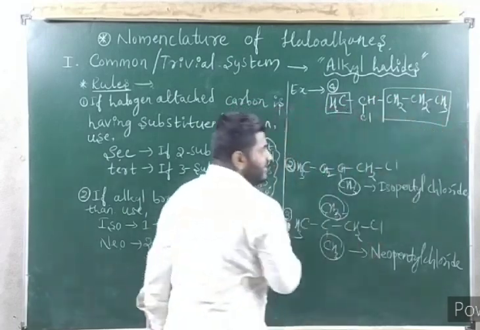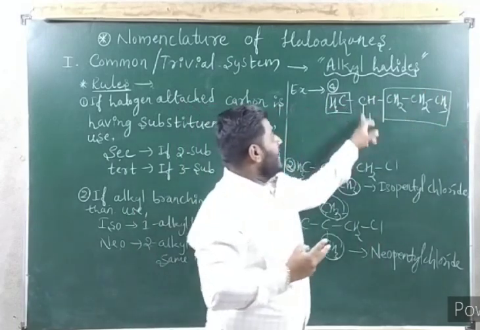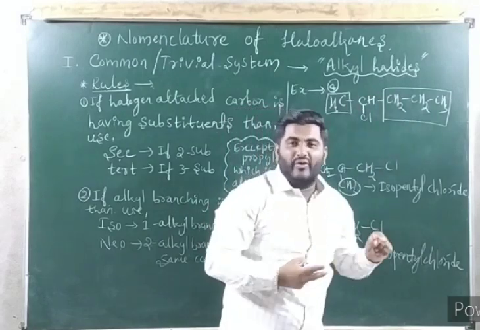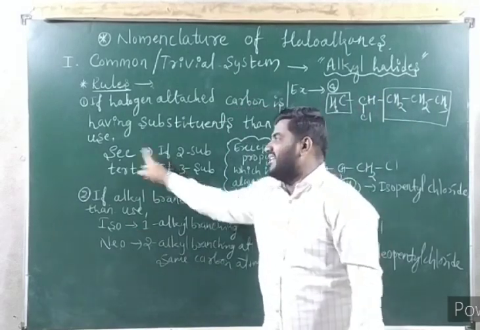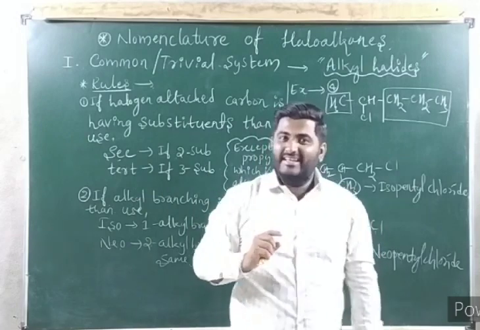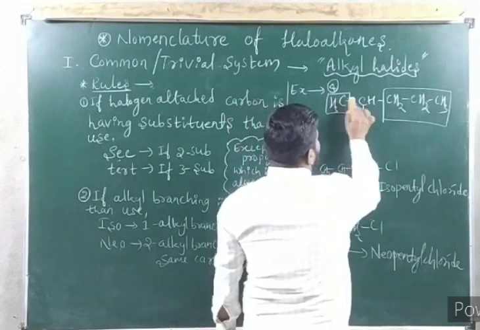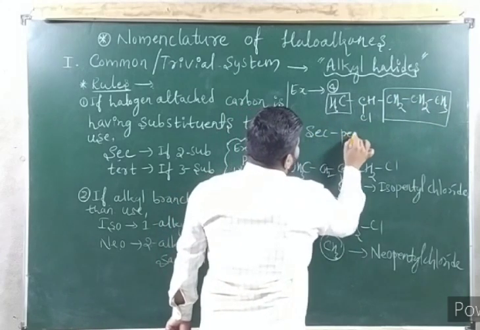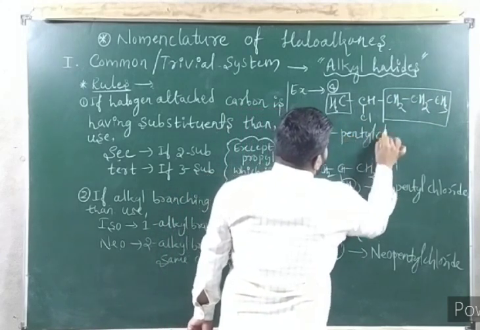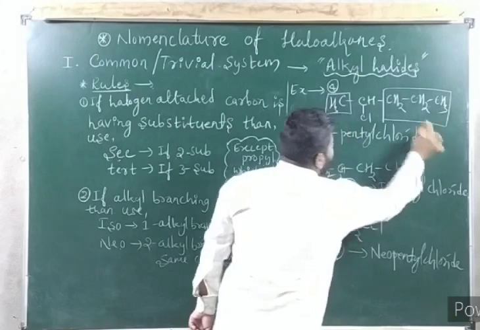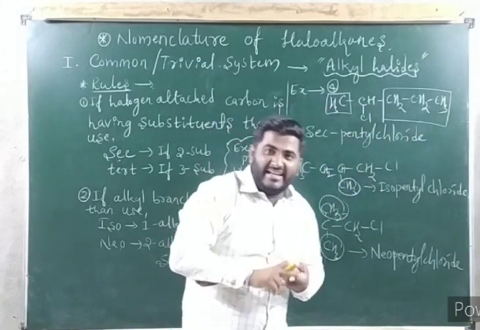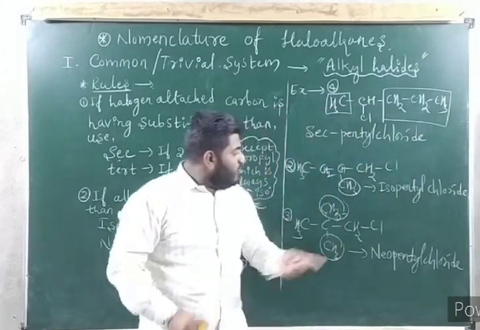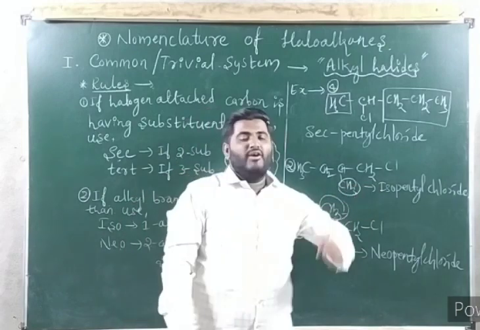So the halogen-attached carbon has 2 substituents, and if 2 substituents are there, it is called secondary. How many carbons in total? 1, 2, 3, 4, 5. So it is secondary pentyl chloride. I hope you are getting when we have to use secondary, tertiary, iso, and neo.